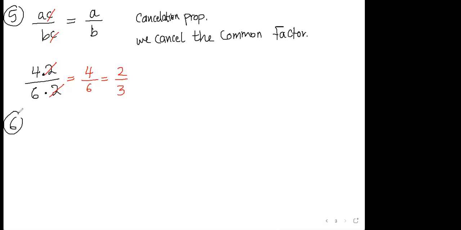Okay. We have another property, the last one. Right? Number 6 is the last one, not the 5.